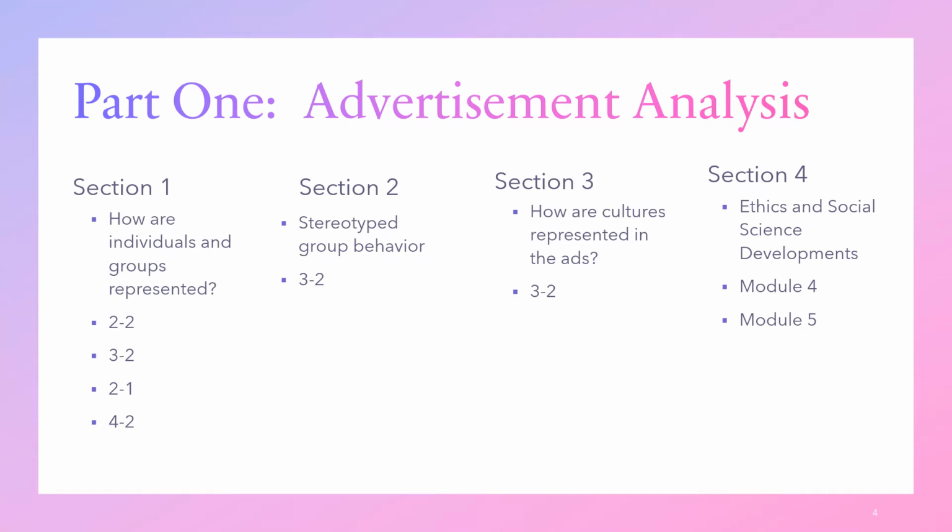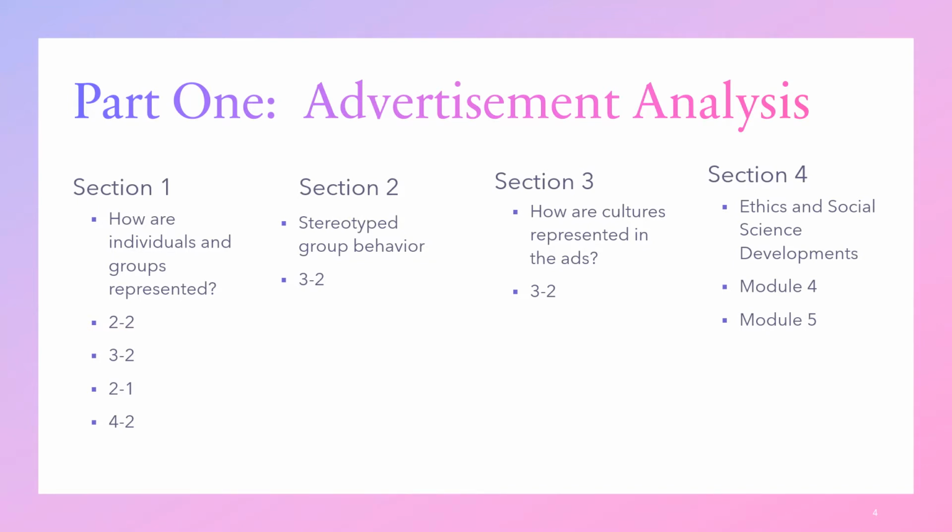You could also choose to talk about what underlying messages the ads are sending about group behaviors in them, and the audiences they assume will be consuming the product. For example, is it saying that a particular group of people is being treated poorly? Is it saying that a particular group of people is superior or inferior to others? If they're aiming at a particular audience, are they trying to say anything particular about that audience, that group of people?